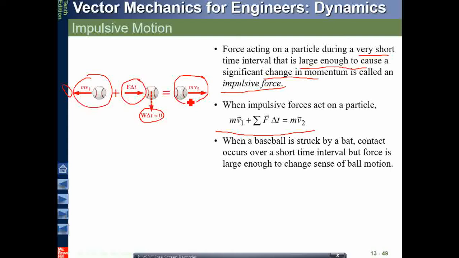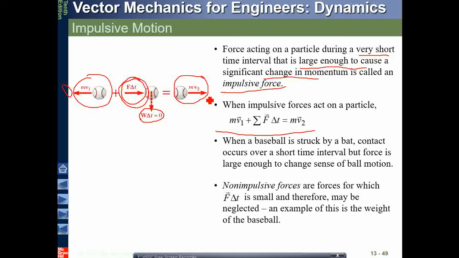So the momentum is gained through this F delta T, the impulse force. It can also change the sense of the ball: this was the direction, and due to the impulsive force, a high amount of force, the direction has changed.